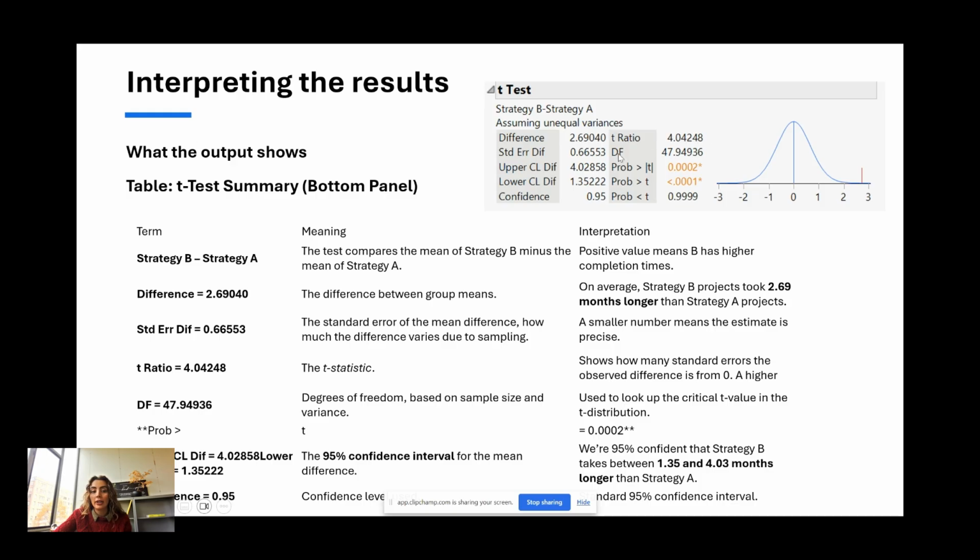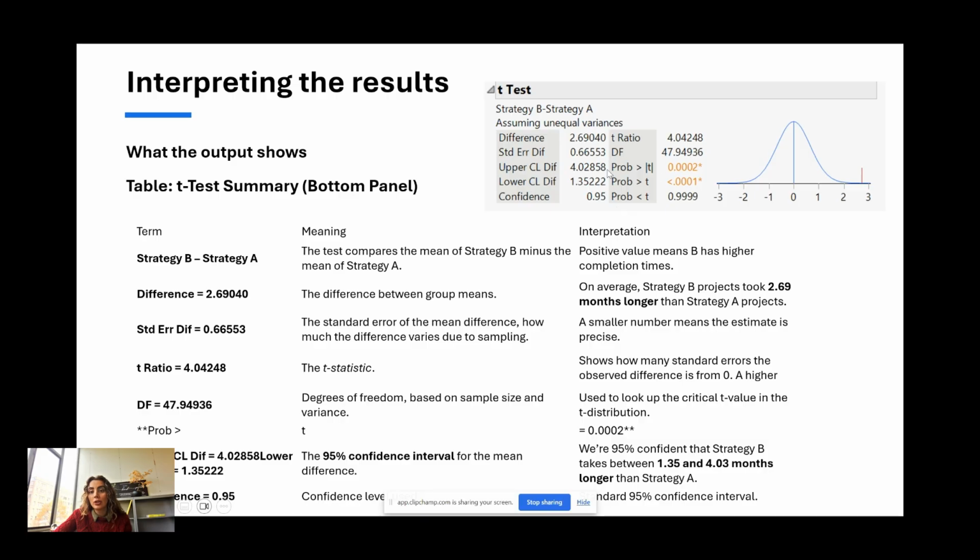This is our degrees of freedom. Again, we talked about how to calculate this: it would be sample size A plus sample size B minus 2. And here you have the results.